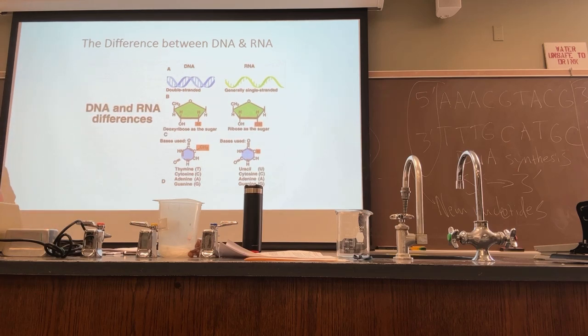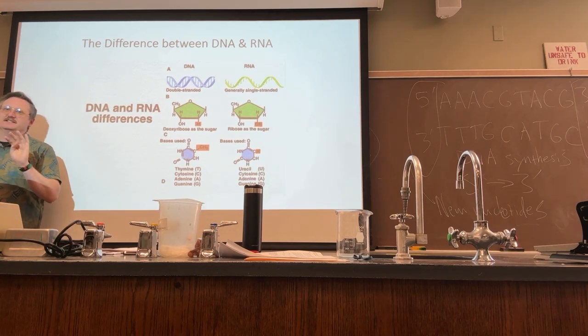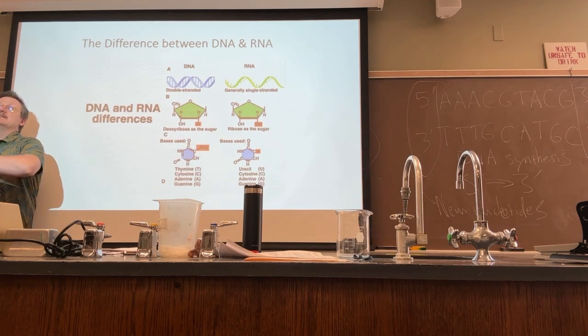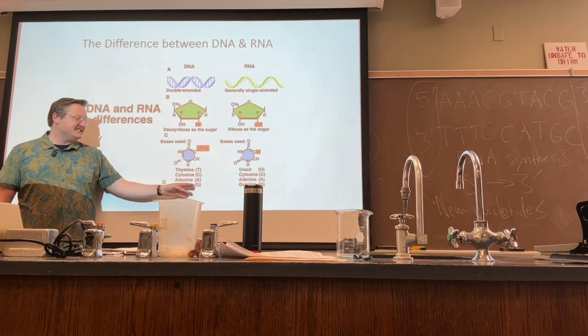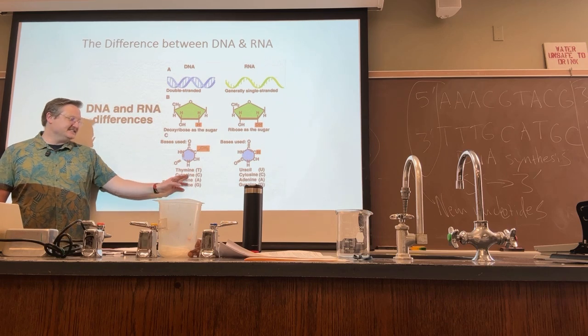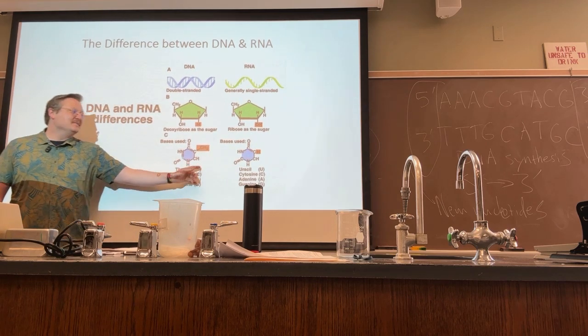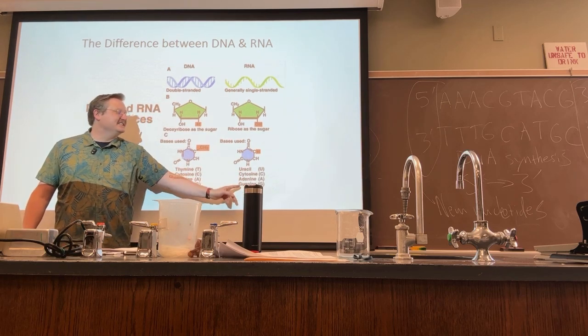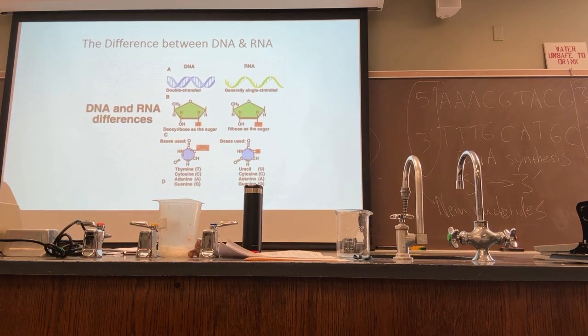In DNA, and in RNA, there are 4 nitrogenous bases, but they are different between the two. So, in DNA, you have A, C, G, and T: adenine, cytosine, guanine, and thymine. But in RNA, the bases are adenine, cytosine, guanine, and uracil. All right?